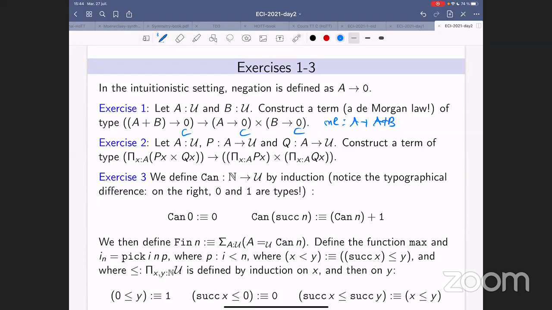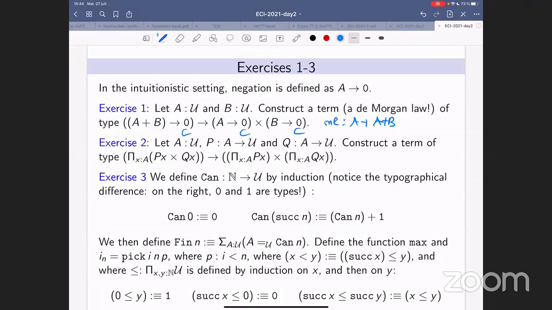It's post-composed because of the notation of composition, but it means you first go from A to A plus B with in left, and then from A plus B to C by the function that you have here. And the same here, so you clearly get a pair of two functions which have the right type. So this is for exercise 1.